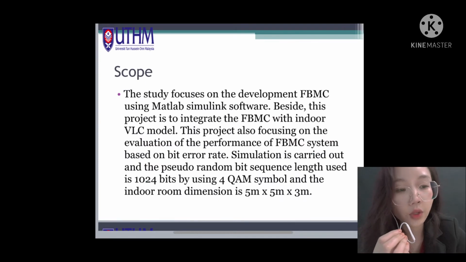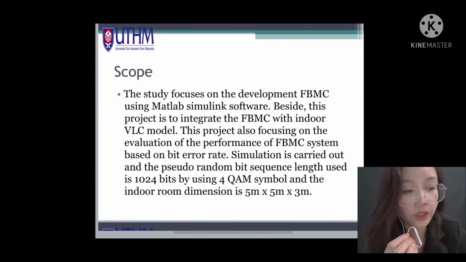Next is the scope of this project. The scope is focused on the objective of this project, which is the development of FBMC using Matlab Simulink software, integrating the FBMC with the Indoor VLC model, and focusing on the evaluation of performance of the FBMC system based on bit error rate.